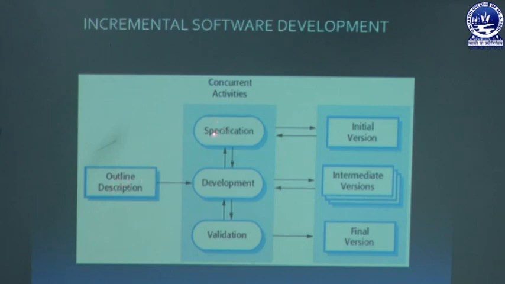For the first priority, we go for the specification. Then according to the specification, we develop that part of the software. That means we design and code that part, then we validate that subsystem, and then we get an initial version.